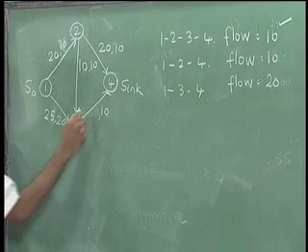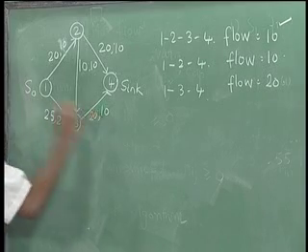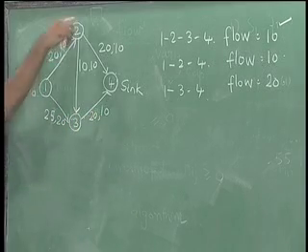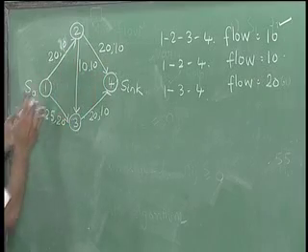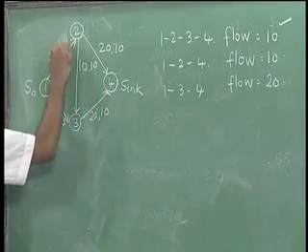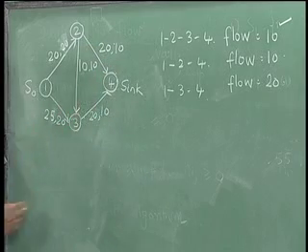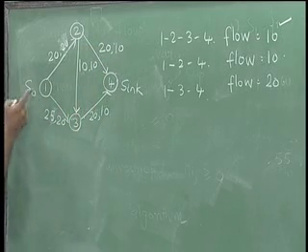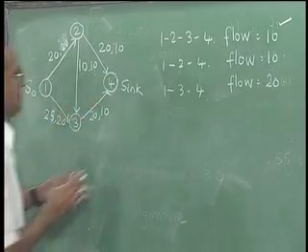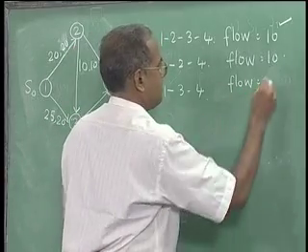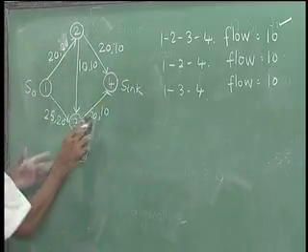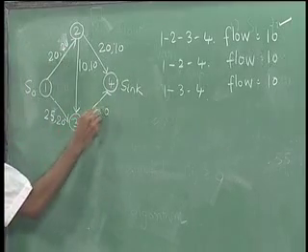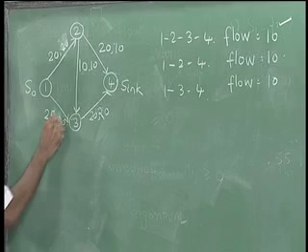So, let us have the capacity here as 20. Then we had 1, 2, 4 with flow 10. So you have 20 here, 1, 2, 4 with flow 10, and then we have 1, 3, 4 with flow 10. So this becomes 20 and this becomes 10.